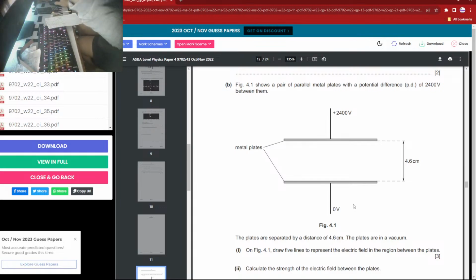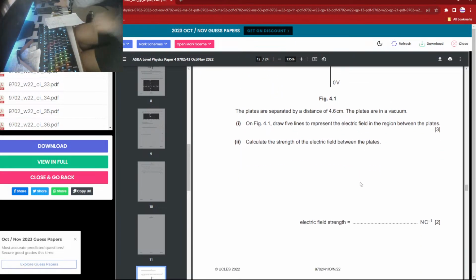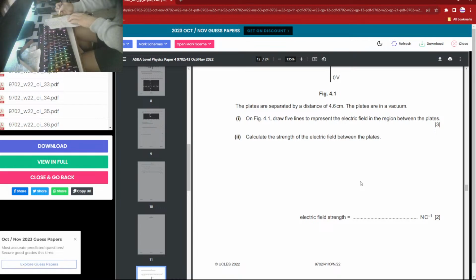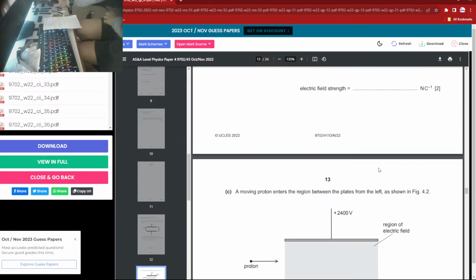That's because potential difference is the difference in potential. You understand that. So if it's negative here, you would minus it. Yeah, so you just minus it actually. So okay, 2400 over 4.6 times 10 to the power of negative 2 equals 5.2 times 10 to the power of 4 newtons per coulomb. That should be correct. Okay, next one.